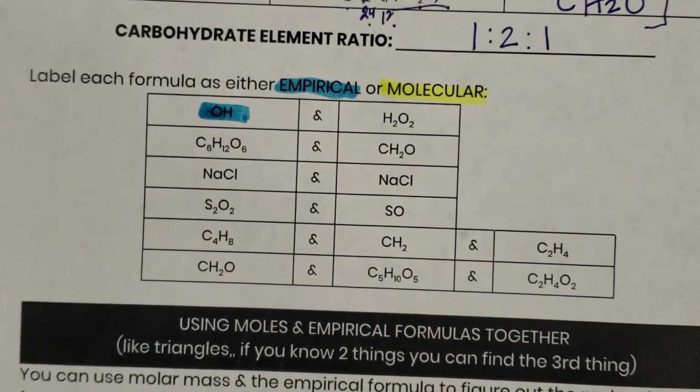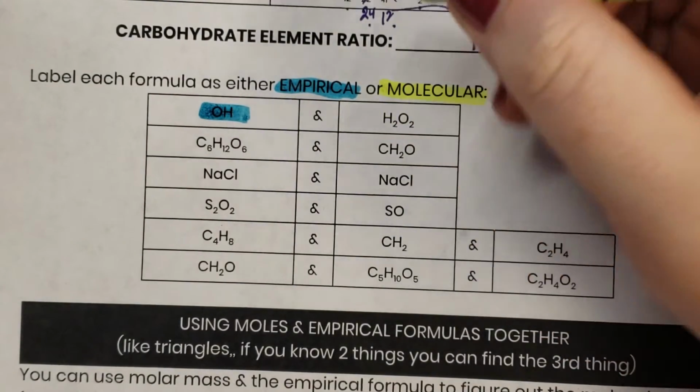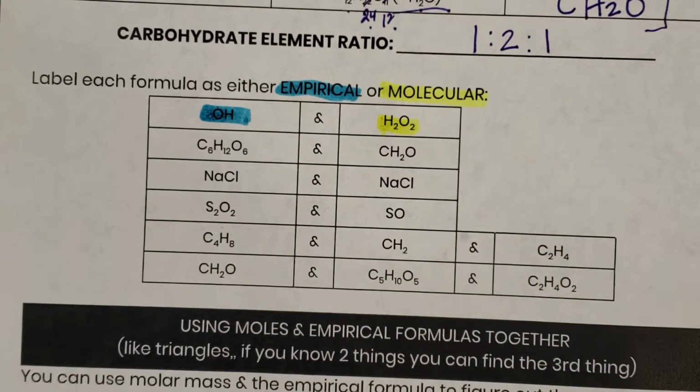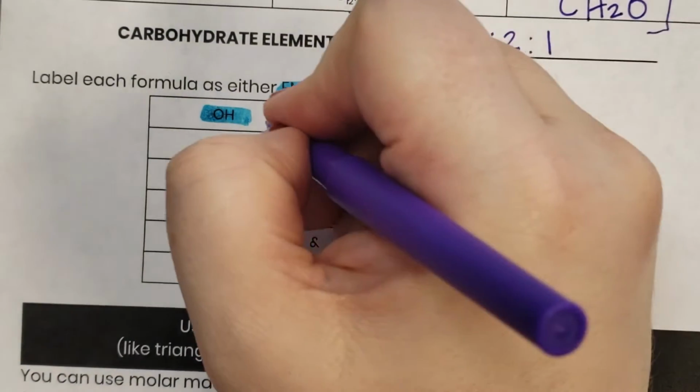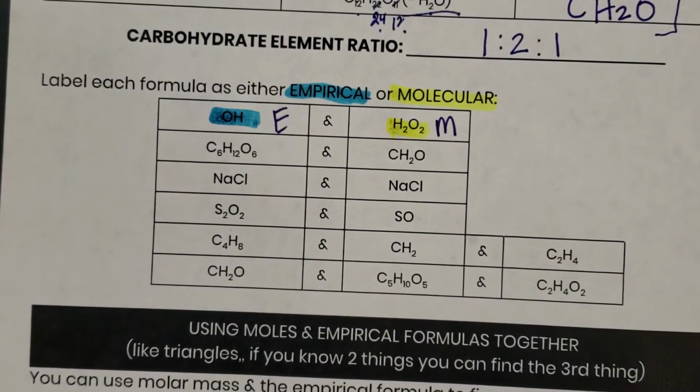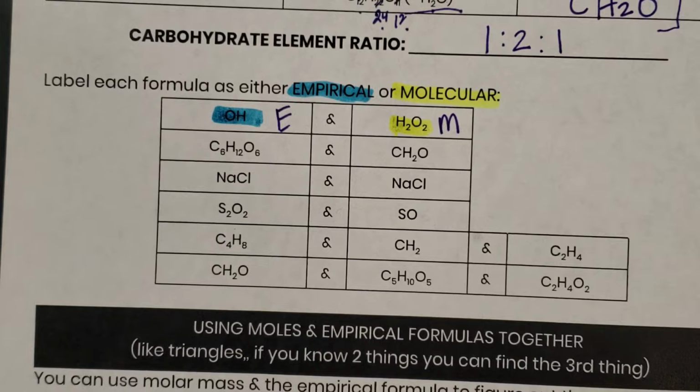So that would make the non-reduced version H2O2. Okay? Empirical, molecular. All right? I would like for you to pause the video and then try to figure out the rest of them. And once you've done that, you can unpause the video and see if you are correct.